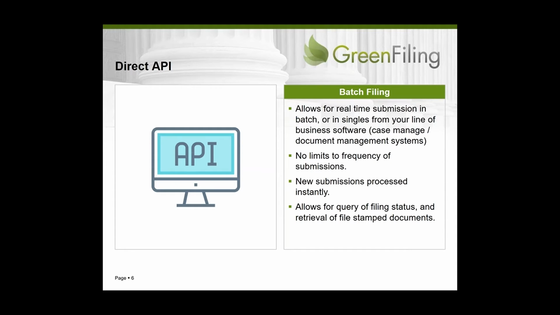We have the capability to allow you to develop within your own applications, whether it's your case management system, your document management system, the ability to prepare your case and documents, and then literally hit a button in your system that would then make API calls to us and submit your data and documents. Those would be imported into our system, formatted in a way that the court likes to see them, and then delivered just like we saw on those bulk file uploads we just got done doing.